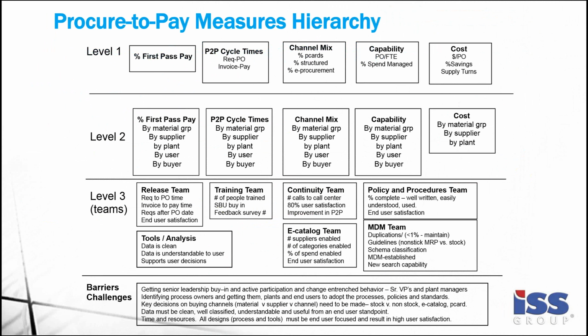And down here on the bottom, you see the barriers. This is just some things we've seen that are barriers to successfully improving or optimizing procure-to-pay. Senior leadership actively participating in improving procure-to-pay. There are decisions that need to be made in the procure-to-pay process that really have a dramatic impact on efficiency, such as approval levels.